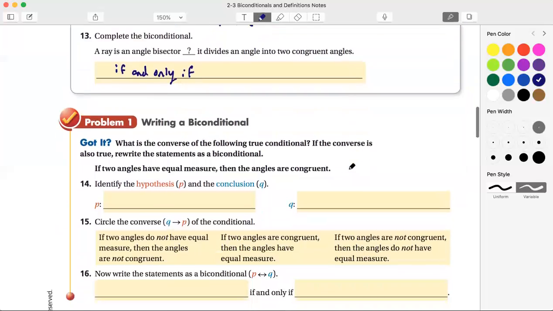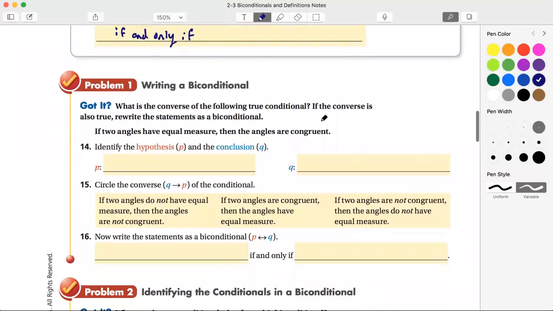So what is the converse of the following true conditional? If the converse is also true, we write the statements as a biconditional. First thing, identify the hypothesis and the conclusion. If two angles have equal measure, then the angles are congruent. So the P: two angles have equal measure.